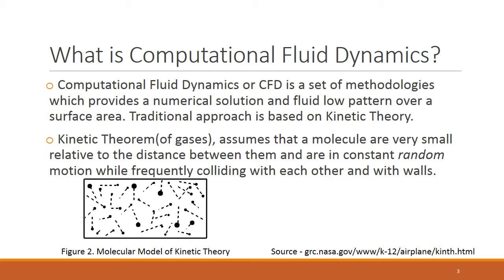The traditional approach is kinetic theory. So what is kinetic theory? Kinetic theory assumes that molecules are very small relative to the distance between them, in constant random motion while frequently colliding with one another and with the walls. So think about it like this. I have a huge box, and inside of the huge box, I fill it up with gas.